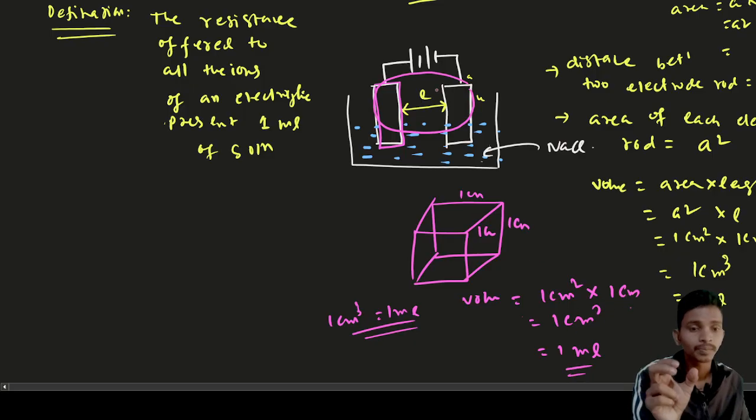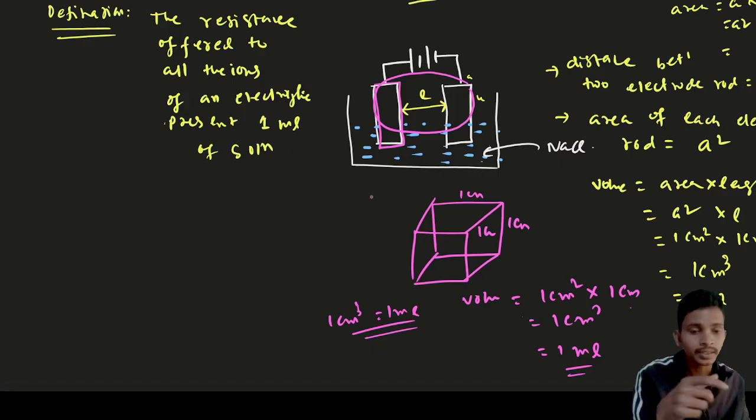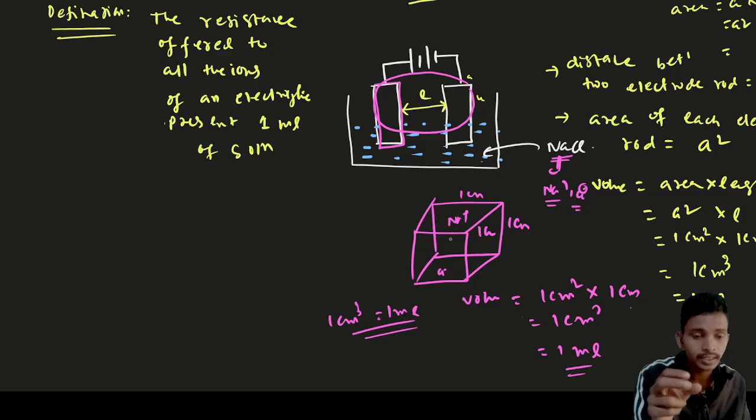So this amount of area, this amount of volume, whatever resistance is offered to all the ions of the electrolyte, such as NaCl with ions like Na plus and Cl minus, due to the flow of these ions current is produced.